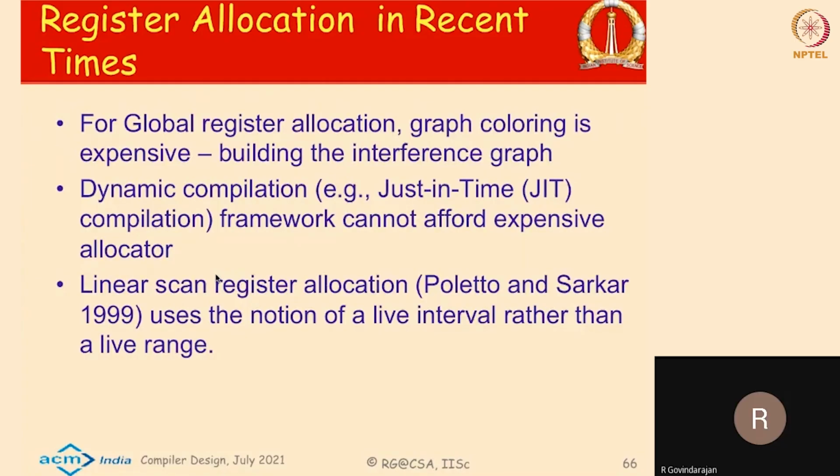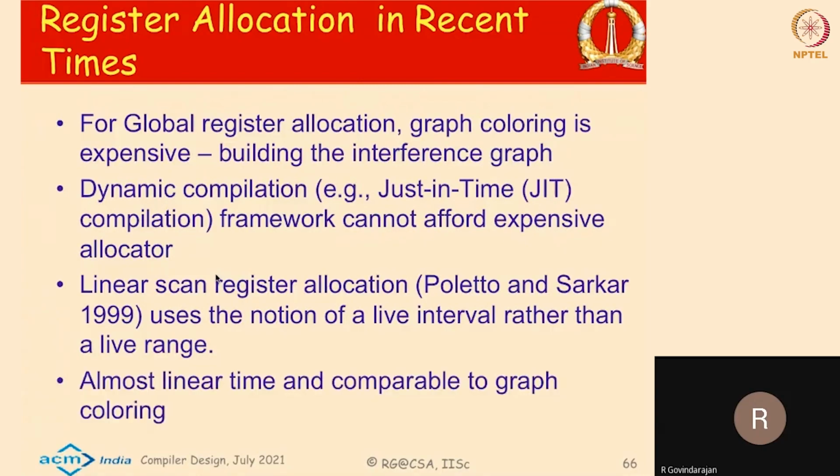Graphs which were originally k-colorable may become non-k-colorable, or graphs which required only k colors before would now require k plus x colors or whatever, right? So this is one interesting development that has happened, and if we had time, I would have gone through this in some level of detail, but you can read about it.